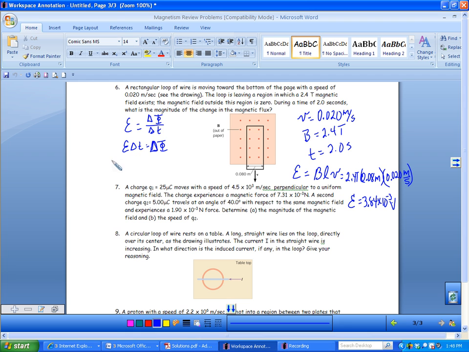Now I can go back over here and finish it up. 3.84 times 10 to the minus 3 volts, and I'm going to pull it for a period of 2 seconds to get my change in flux. So when I did that, I got 7.68 times 10 to the minus 3, and that's going to be measured in Webers. And that's my change in flux.